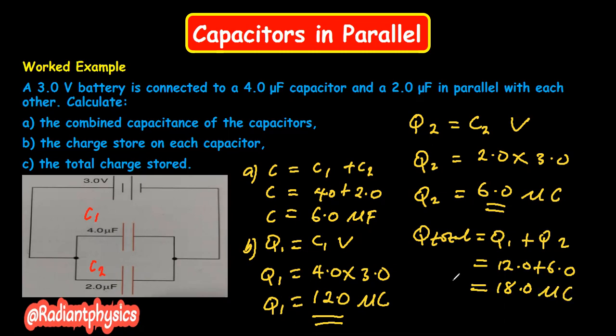Or you can apply this equation to find the total charge stored by saying CV, which means the combined capacitance, 6.0, times the voltage, 3.0, and you are still going to have 18.0 microcoulomb. So this is how to apply the formulas to solve capacitors in parallel problems.